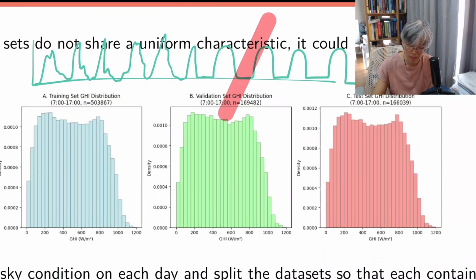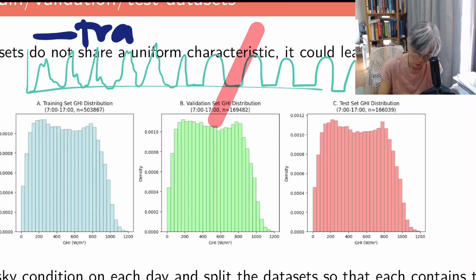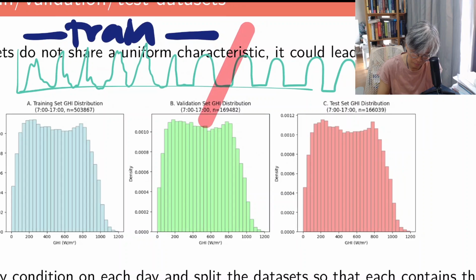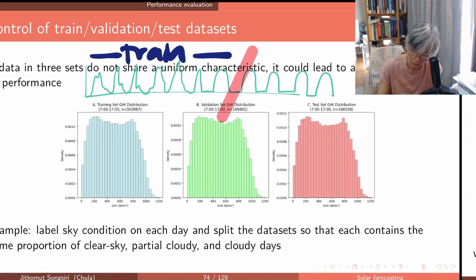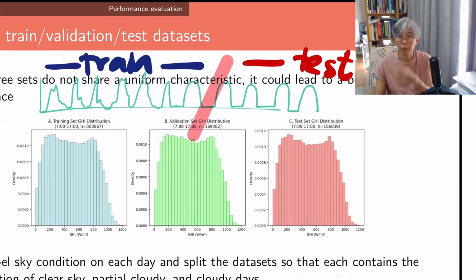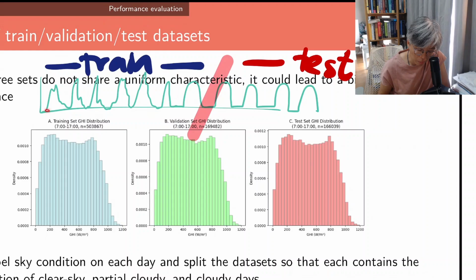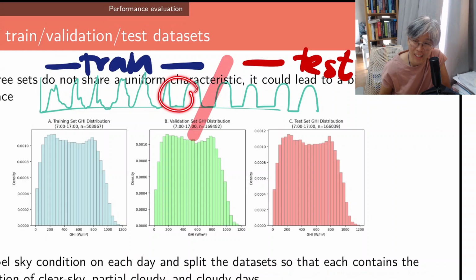You split the data set like this. The first half you use for train, and the second half you use for test. My point here is that on your training set, you have a mix of cloudy days with a few clear sky days.